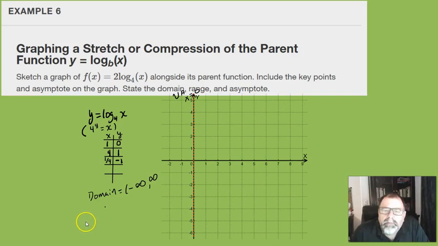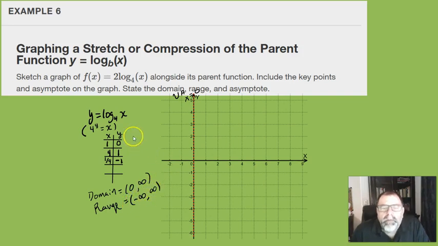Is that right? No, I'm thinking of the exponential function again. So that's the range. Let me fix that. So the domain's from 0 to infinity, and then the range is negative infinity to infinity.